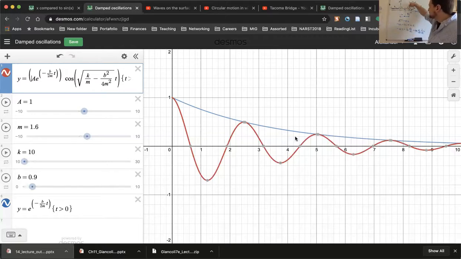If we strapped a little rocket to this mass so that it was being thrusted that way, we'd let go and it would get pushed this way, and it wouldn't oscillate. The rocket would just try to keep it going that way, and eventually the spring would be compressed so much that the spring was pushing back equally strong and it wouldn't go anywhere.